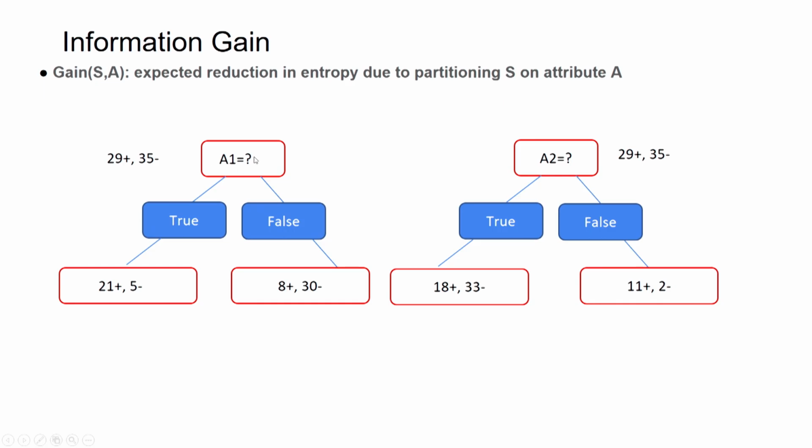You can see the entropy of this node was whatever it was, and the idea is that we subtract from that the weighted entropy of this split. When the reduction is large, that attribute we will select.